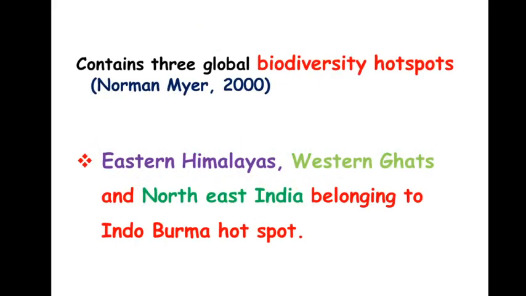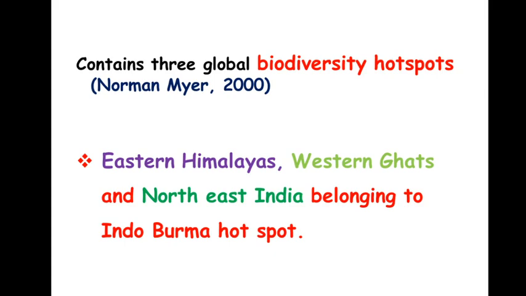Now, the second important point that I wanted to highlight is that there is something called a biodiversity hotspot. This is one of the most used terminologies in the last one or two decades in the field of ecology, environment and biodiversity. The biodiversity hotspot concept was first proposed by Norman Myers, an American environmental scientist.